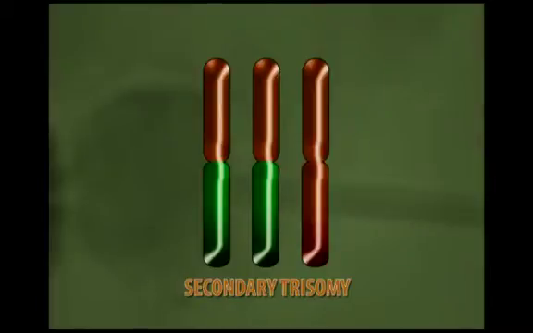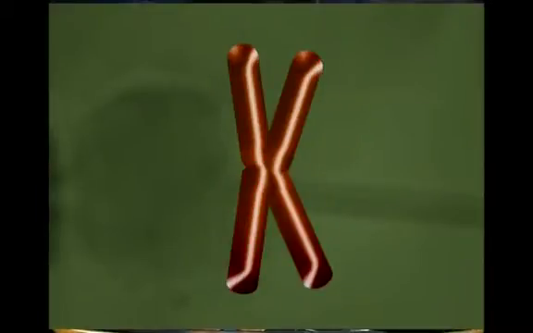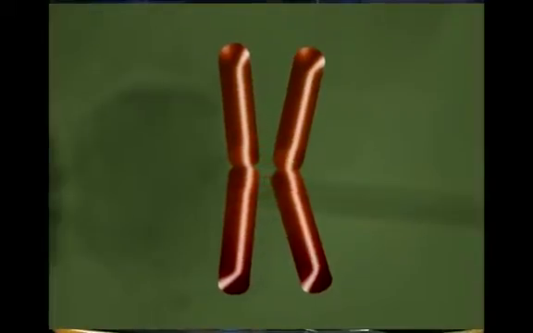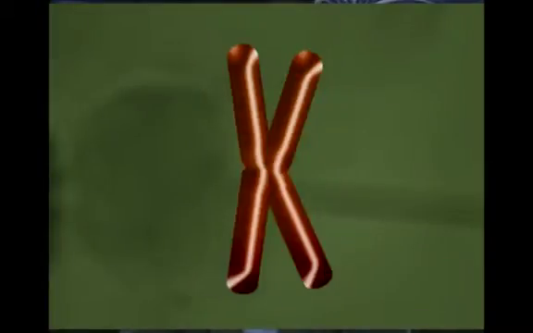So there is a univalent basically in both the cases sometimes formed, and that univalent undergoes a transverse division instead of the equational division. So that transverse division results in the formation of an isochromosome, and hence the gamete later on formed becomes n plus isochromosome, and fertilization between such a gamete with the normal gamete results into the formation of secondary trisomic.